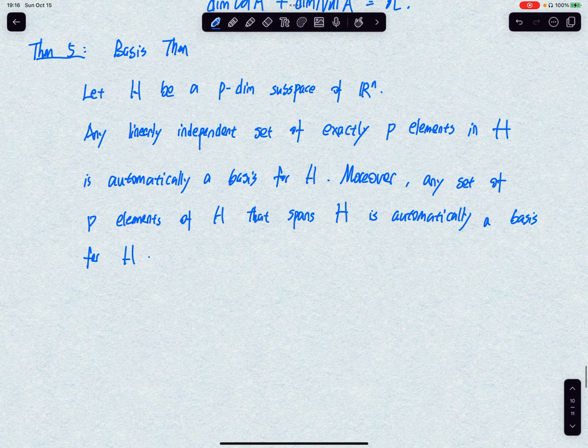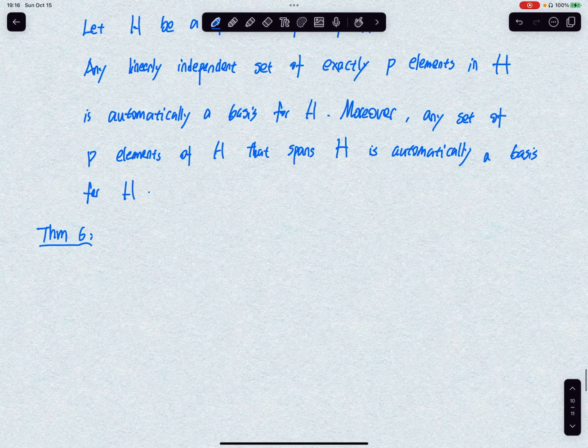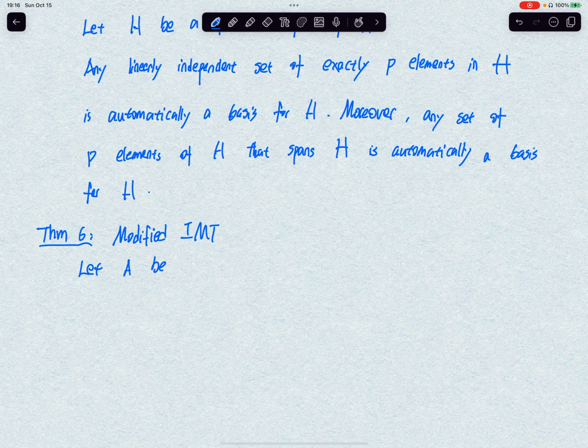Now recall that in the last lecture we introduced the invertible matrix theorem, and now we offer more equivalent statements to that. So this is a modified invertible matrix theorem. Let A be an n by n matrix. Then the following are equivalent.